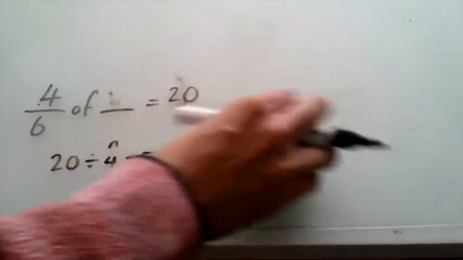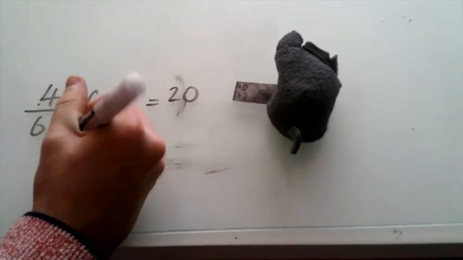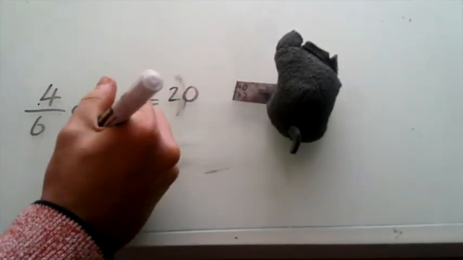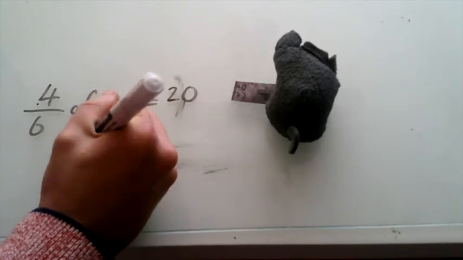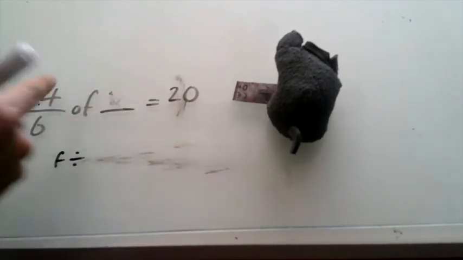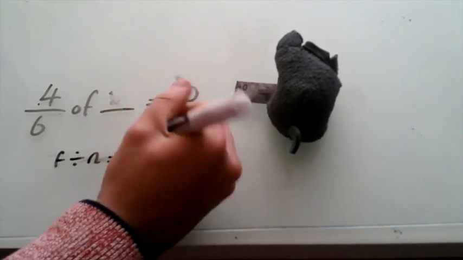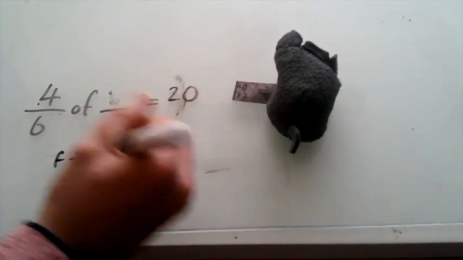So we do our fraction of amount, divided by our numerator, which will give us our answer, times by our denominator.